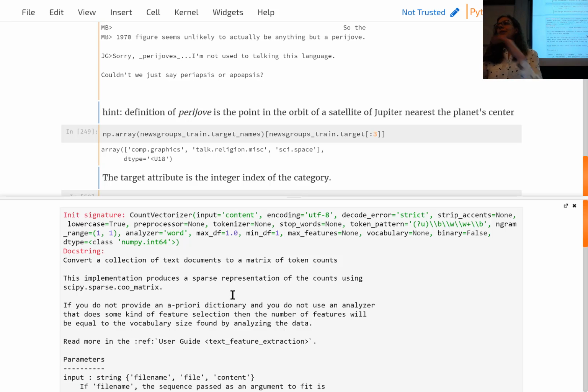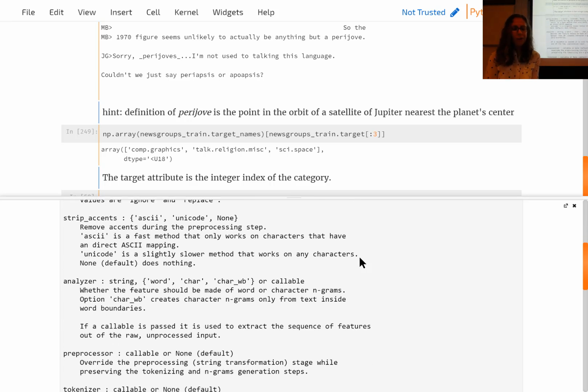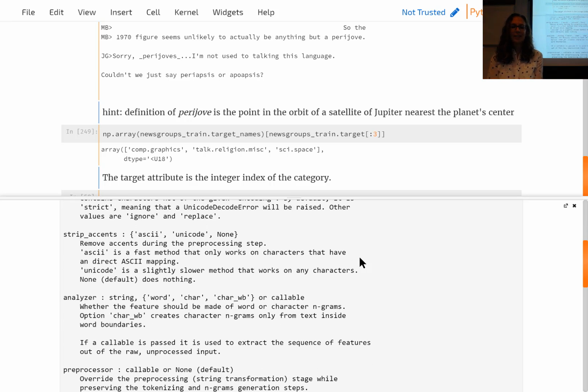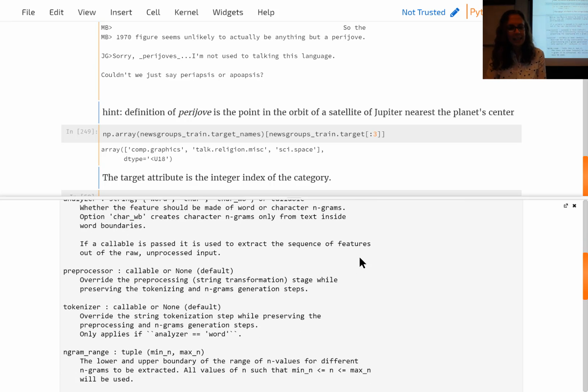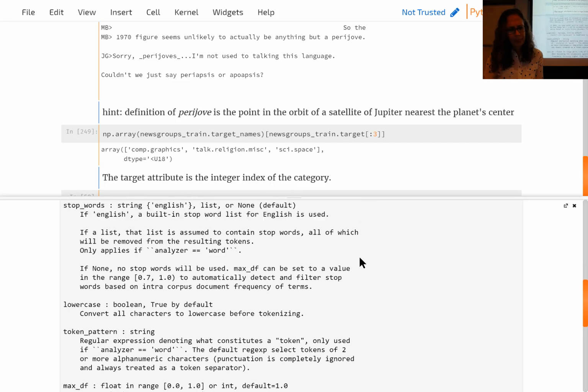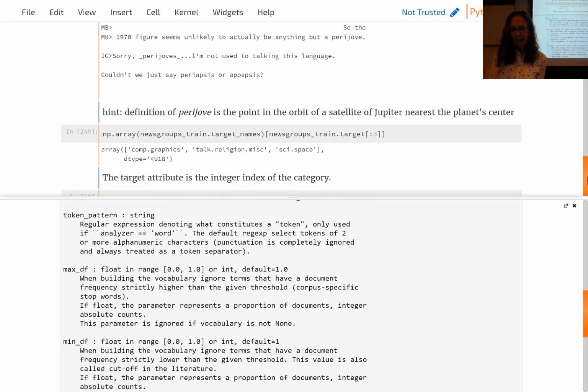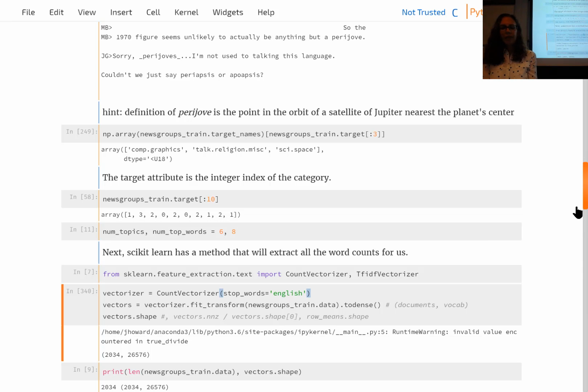Here, inside the parentheses for CountVectorizer, I hit shift-tab several times, and it will show you the parameters and the docstring, the documentation about it. There are a lot of features that we weren't using. You could remove accents, do some sort of preprocessing. But yeah, that's a good way to find out more about your methods.